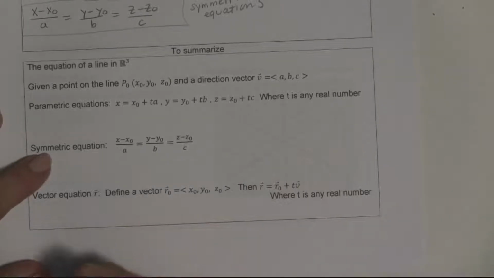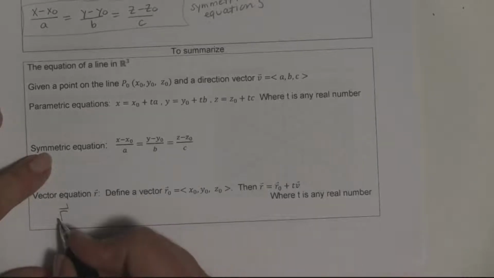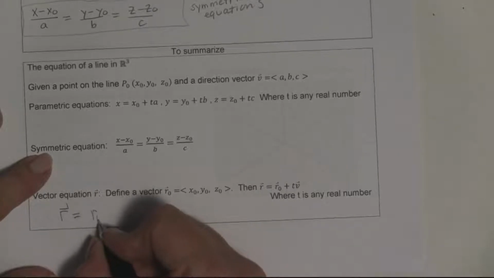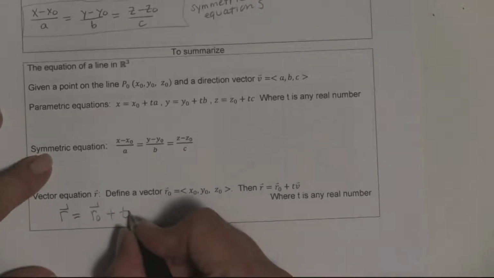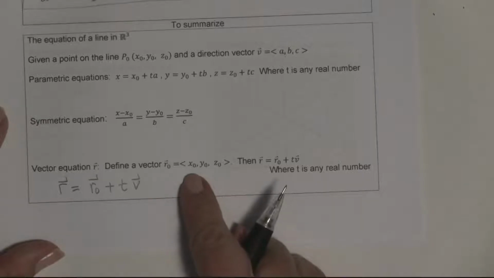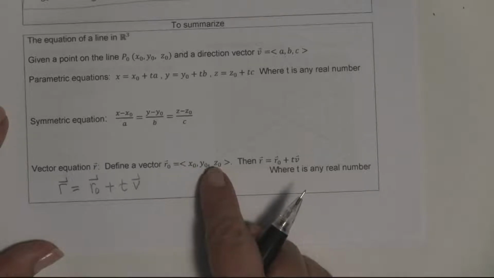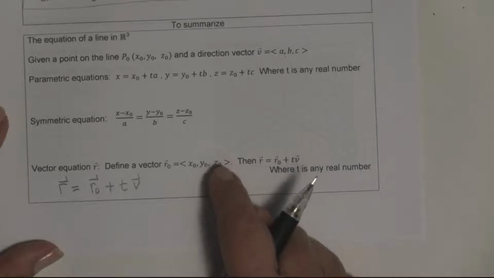But this is going to be the vector equation, and they call the vector equation R, so we're going to be calling that R, which is R naught plus t times our direction vector. And they tell us that R naught is the terminal point of a vector that goes to our point on our line.